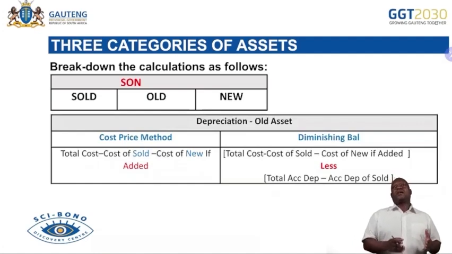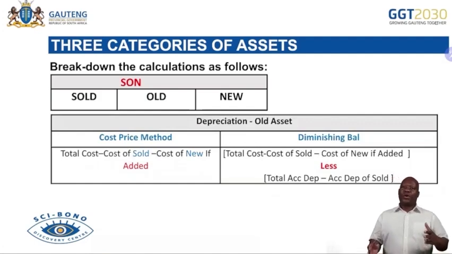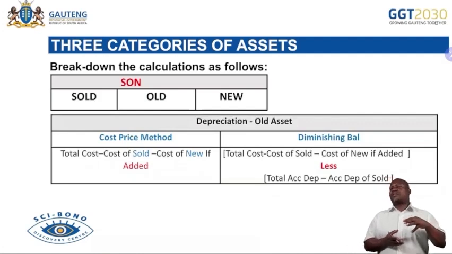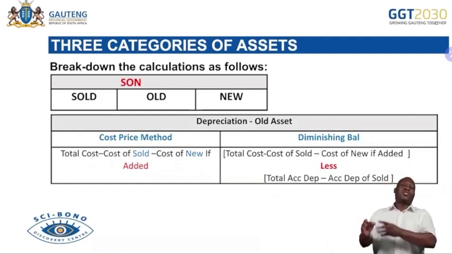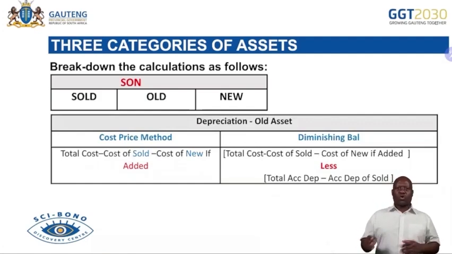We say total accumulated depreciation minus the accumulated depreciation of the asset that is being disposed. In simple terms, when you get the total cost of all your assets, subtract the cost of the one that has been disposed. But the minute you subtract from the cost, you must also do the same onto your accumulated depreciation. What you do to the cost, do it to the total accumulated depreciation.